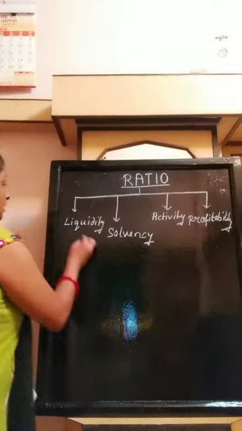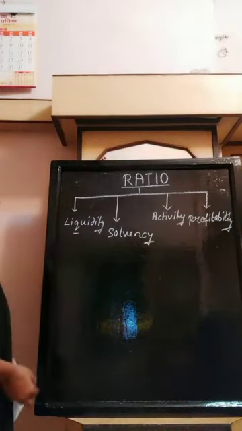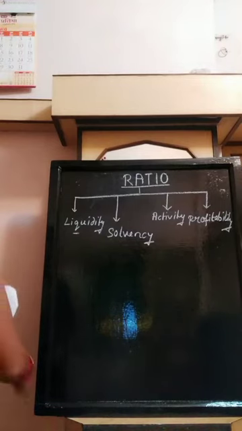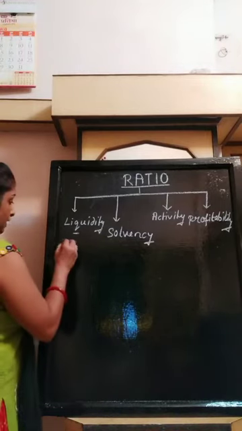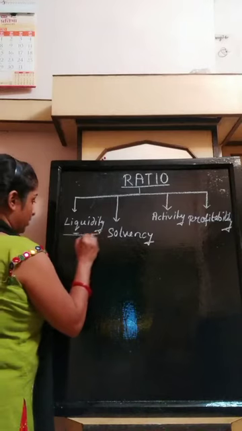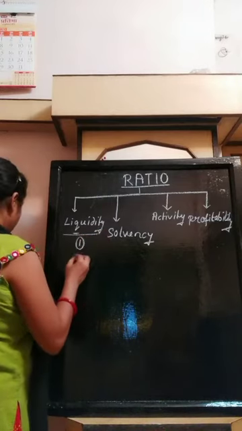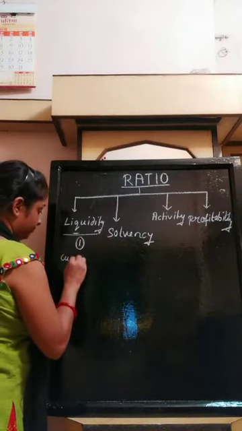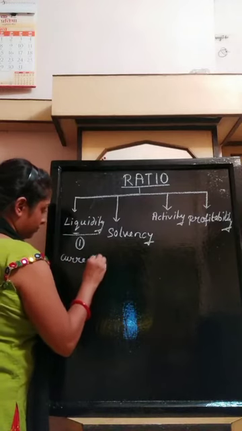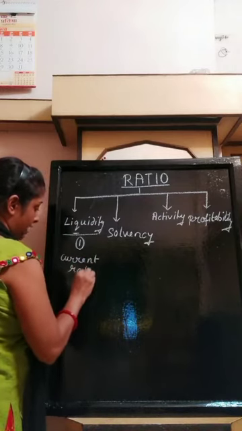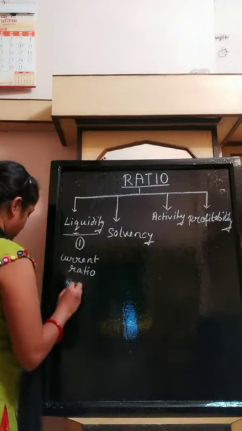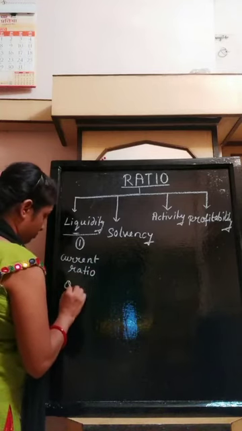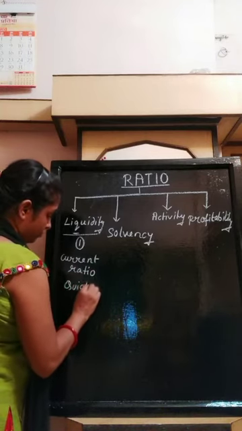Now liquidity ratio. First is liquidity ratio. Under liquidity ratio, what will come? First thing that will come is current ratio, and quick ratio.